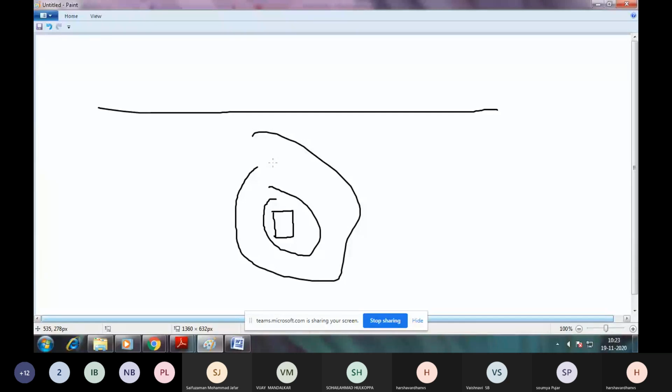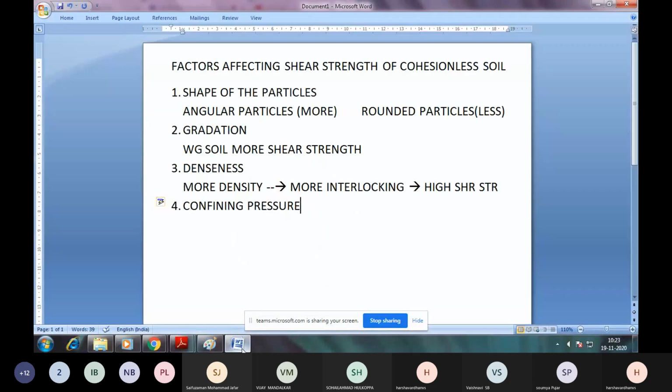Hence the pressure applied by the surrounding soil elements on this particular element is confining pressure. Shear strength increases with confining pressure.